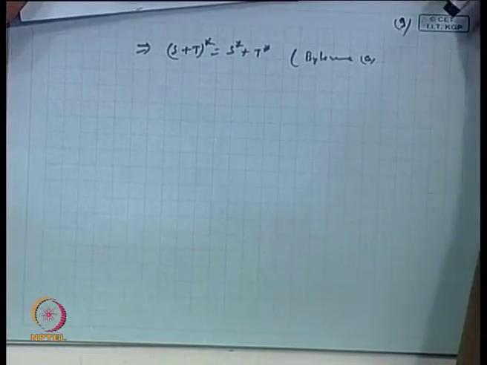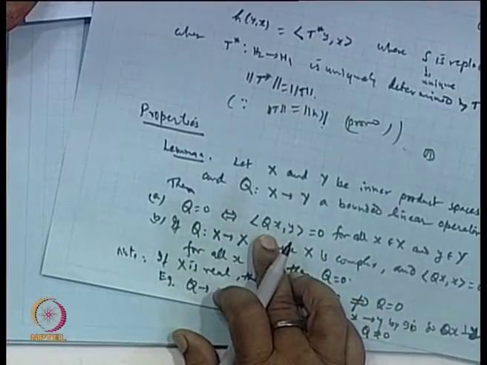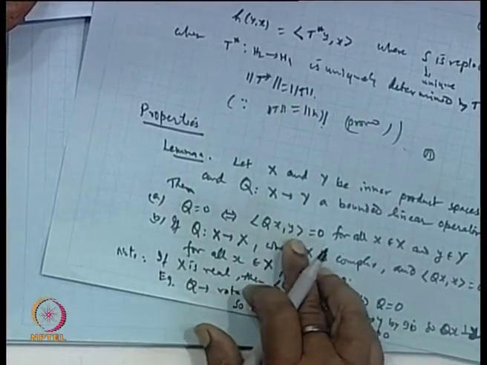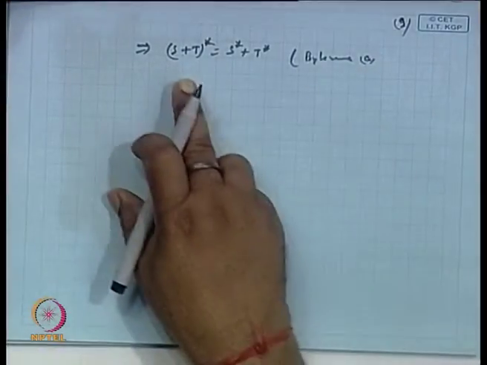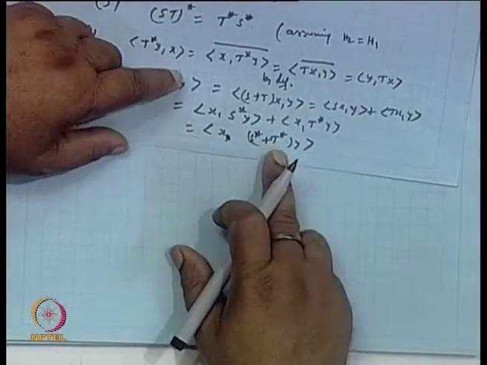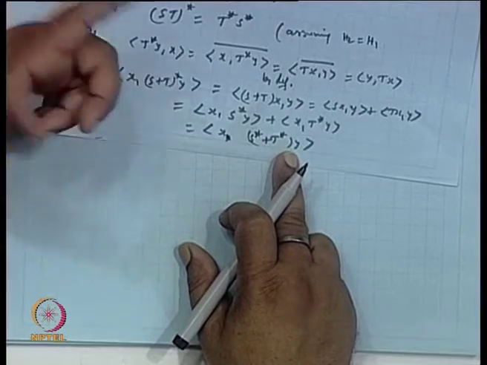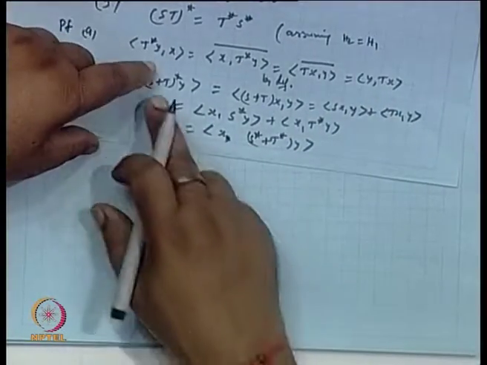Yes, the lemma is saying this, ⟨Qx, y⟩ equal to 0 implies Q is 0. So, this is true for all x and y, is it not? So, if you take this one, say take it here, ⟨x, ((S+T)* − S* − T*)y⟩ equal to 0, and this is true for all x and y. So, this has to be 0, this minus this has to be 0, and we get this. Okay. So, is this clear now?